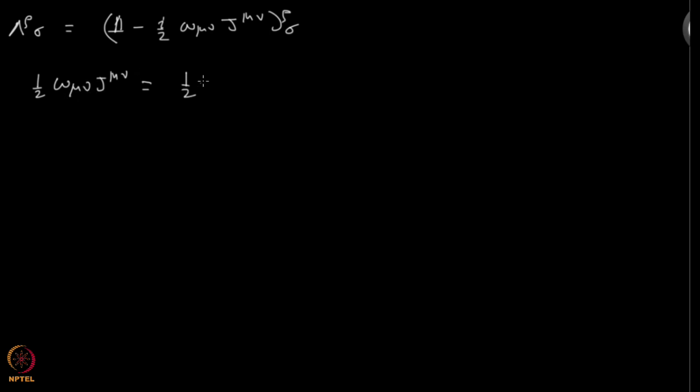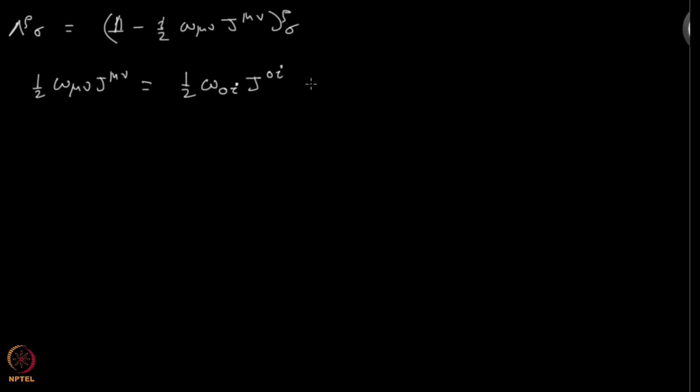So, let us start with 0, okay, and then let us take, see, omega 0 0 will be 0 because these are antisymmetric. So, there is no such element, but if this is i, where i is 1, 2, 3, this is non-zero. So, this makes sense.